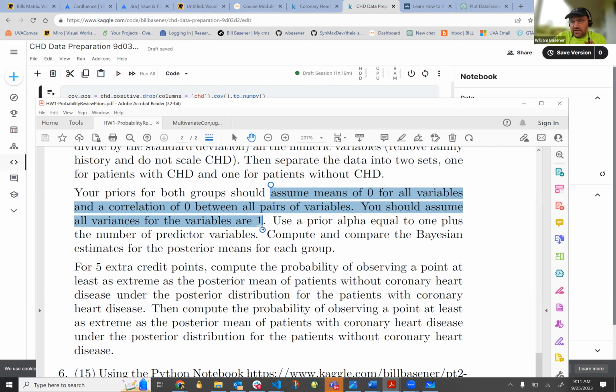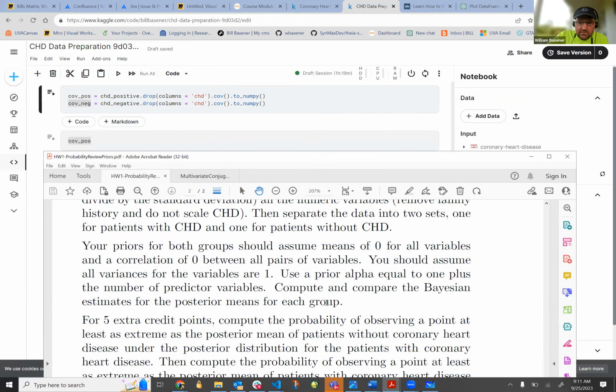We'll talk about how those play out in the formulas, and same with this prior on the alpha. And then this here is really where it's asking you to give an answer.